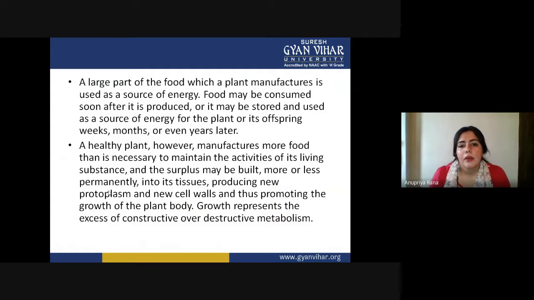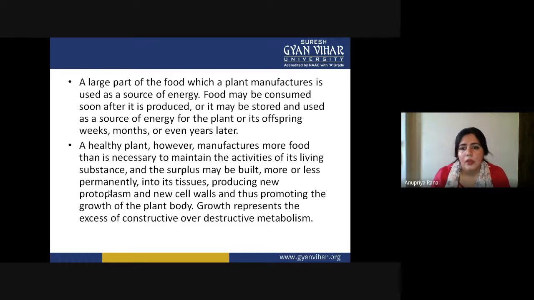A healthy plant, however, manufactures more food than is necessary to maintain the activity of its own living substance. Actually, the plant makes more food than it needs. Of course, they need to live a life, so they use some of it. But at the same time, they are giving that food to us also.